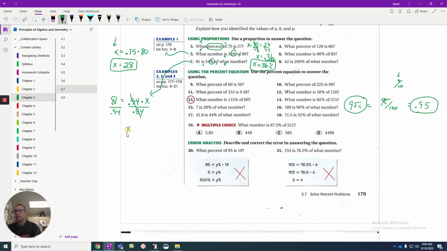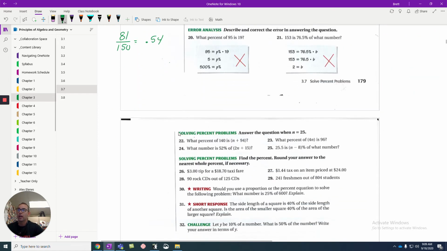So x is 150. Now this should make sense. If I want to have 54% of something be 81, I have to realize 81 is not the biggest version. It's only 54% of this number, so the number's got to be bigger. So 150, sure enough, if I took 81 and divided it by 150, I would get 0.54, meaning that 81 is 54% of the 150 total.